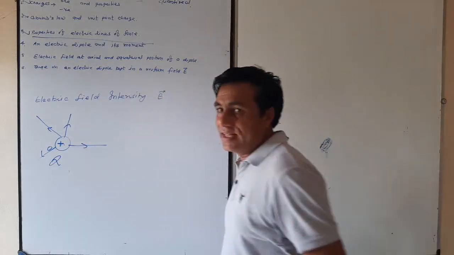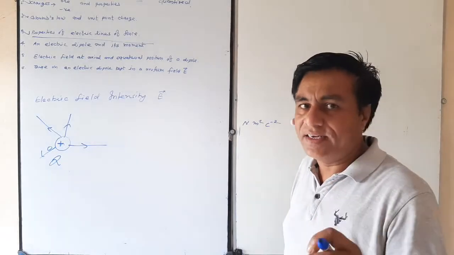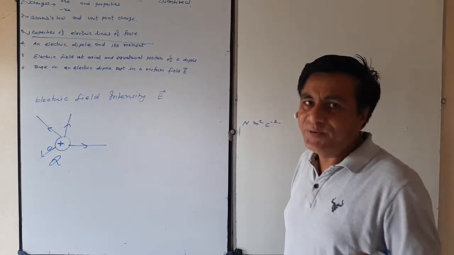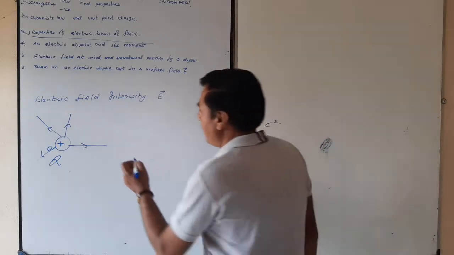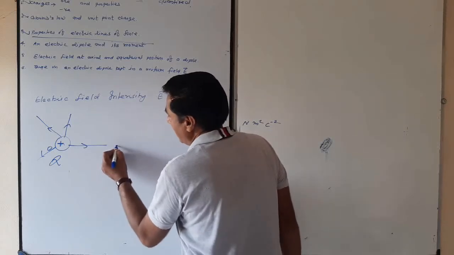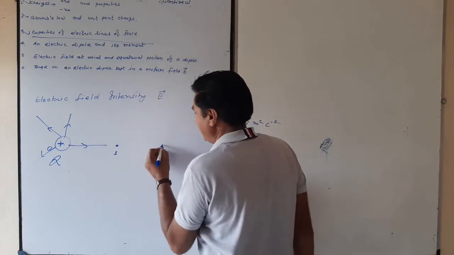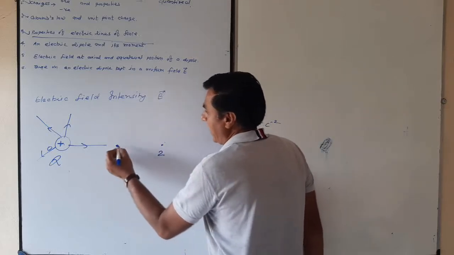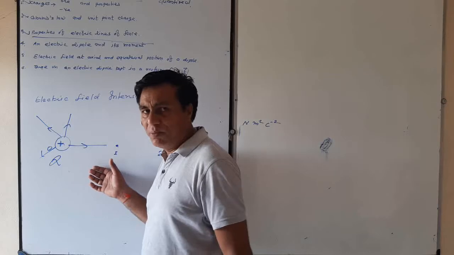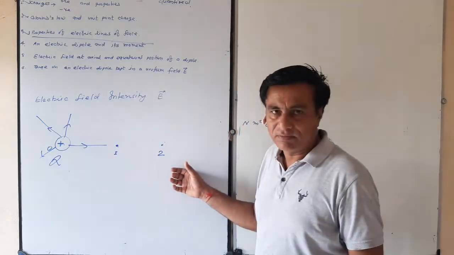That is the physical quantity we are going to define. If you keep point charges at point 1 and point 2, at point 1 the force will be more than at point 2.